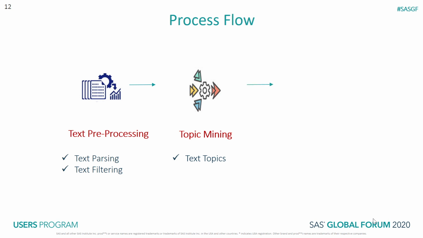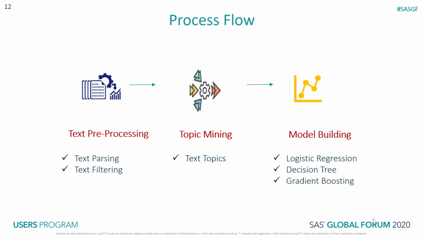After this has been done, we built models on our data for performing classification of tweets. For this, we used logistic regression, decision tree, and gradient boosting. Once we built the models, we compared them using SAS Enterprise Miner's model comparison node.